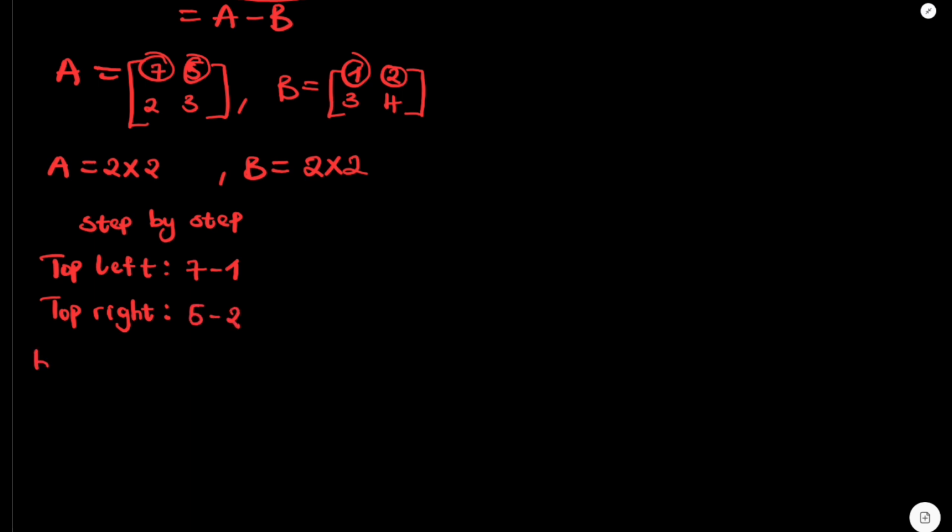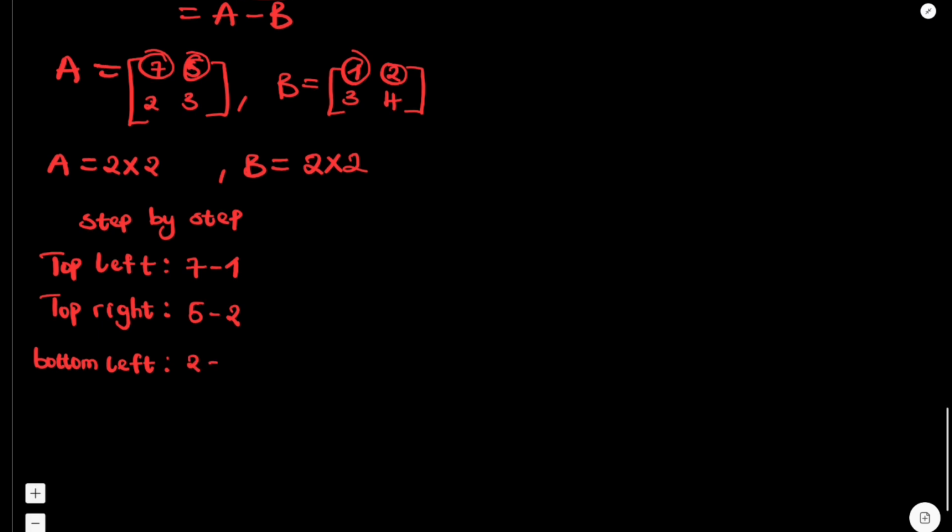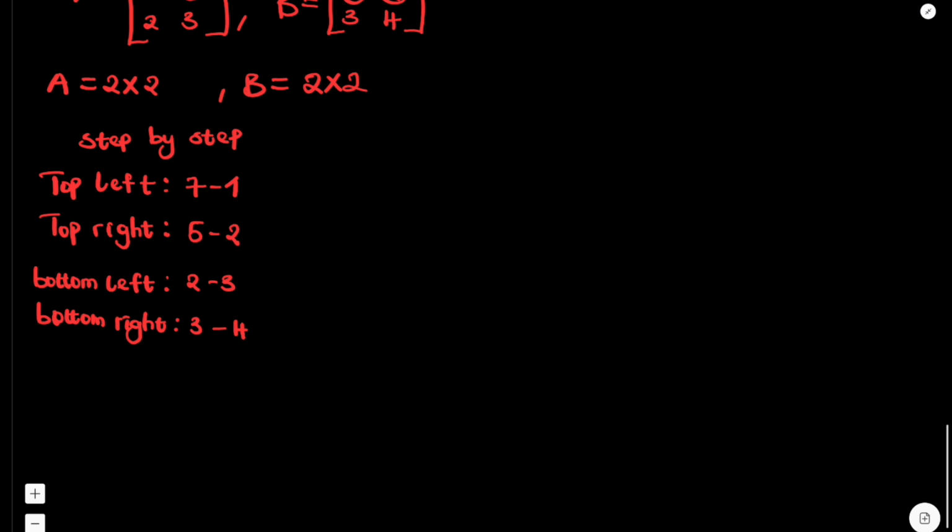We take the bottom left, but we are going in order. So we subtract 2 minus 3 and we take the bottom right. The bottom right is 3 minus 4. We are done. We have exhausted all the elements.